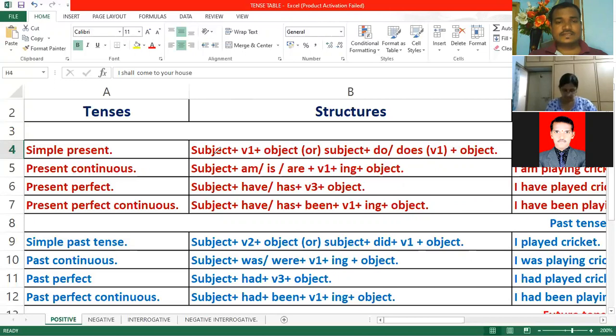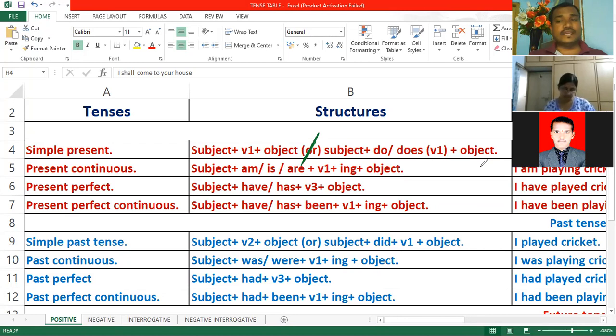Subject plus V1 plus object. That is structure 1. Now structure 2: subject plus do or does plus V1 plus object.